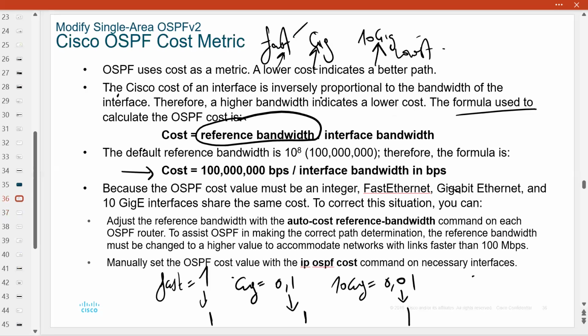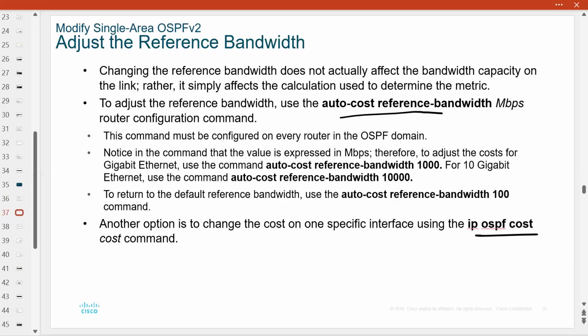You can use any value you want, but logic says otherwise. So we said cost is equal to the reference over actual. Right, this is the reference bandwidth. Stay with me. Reference bandwidth over actual bandwidth.